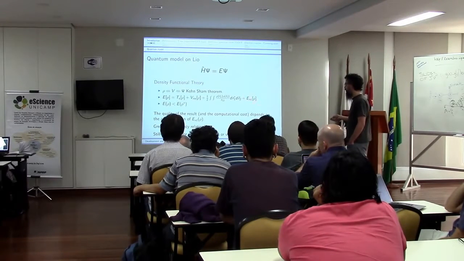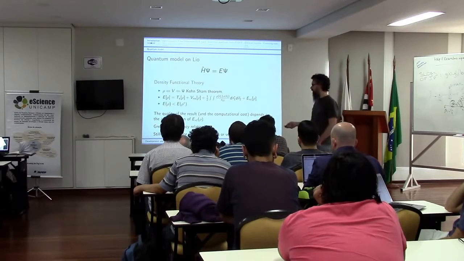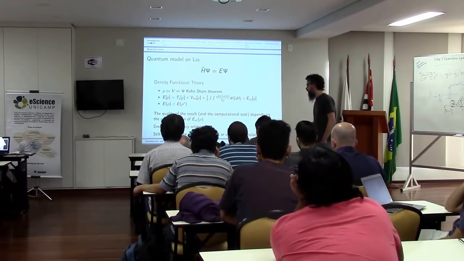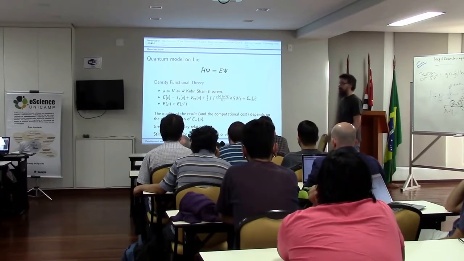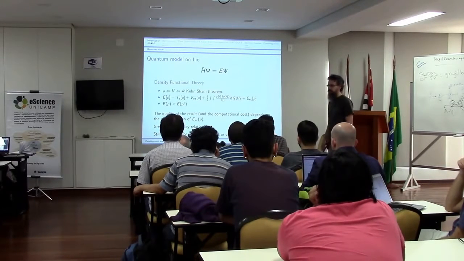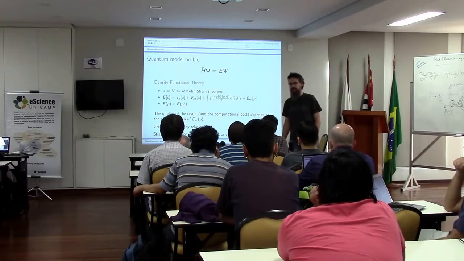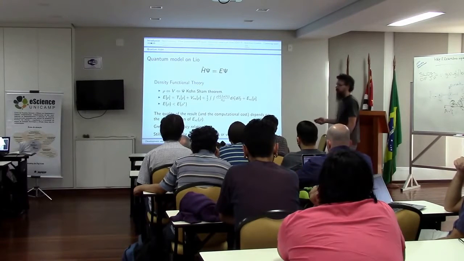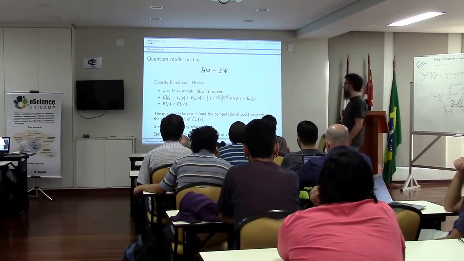So we work a lot to make this term better. DFT has a great cost-accuracy relation, so it's a choice to use in bigger systems or for molecular dynamics, in which we have to make this computation several times.